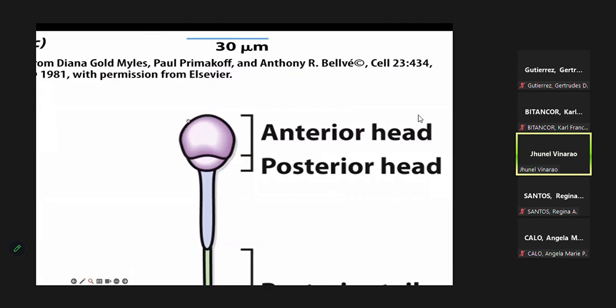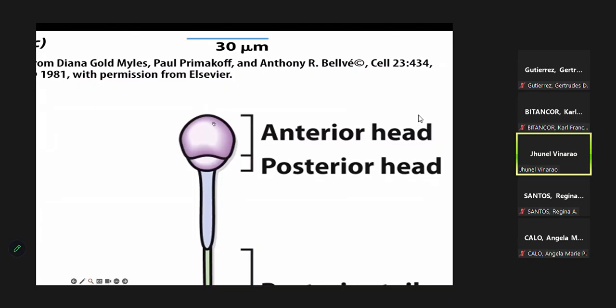And so why does fertilization happen only within species, not between species? That is because of the specific proteins found on the surface of the head of the sperm cell, like the ZP binding molecule, which is recognizable only to the ZP proteins, or the proteins found on the surface of the zona pellucida.